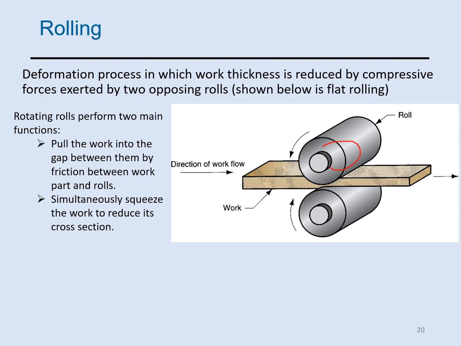These are rotating in the opposite direction, and then the material will go into that gap between these two rolls, and the material is going to be squeezed. This process is also called flat rolling. It is used to reduce the thickness of a rectangle cross section.